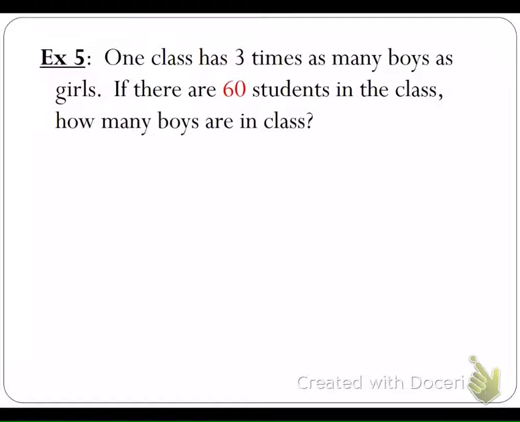All right, here's example 5. One class has 3 times as many boys as girls. If there are 60 students in the class, how many boys are in the class? 20. All right, so what are we looking for? What's my variable?